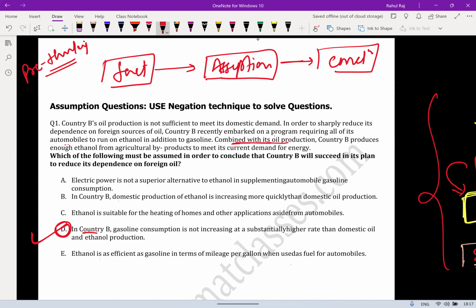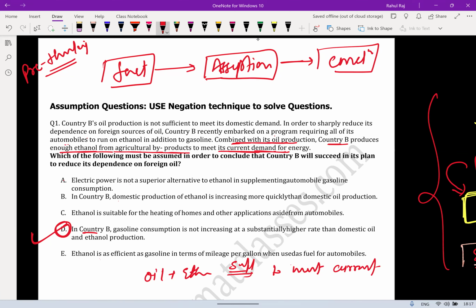That combined with its oil production, country B produces enough ethanol from agriculture byproduct to meet its current demand for energy. If the author is concluding this, that oil plus ethanol is sufficient to meet the current demand, please tell me what would the author think?